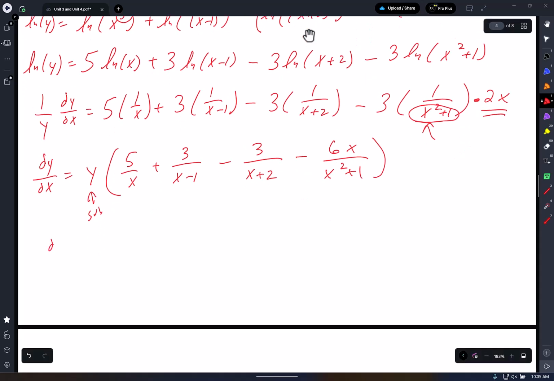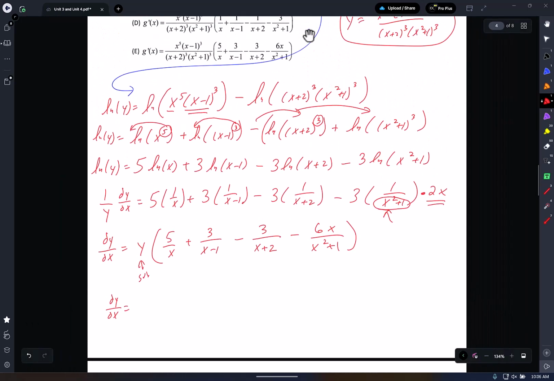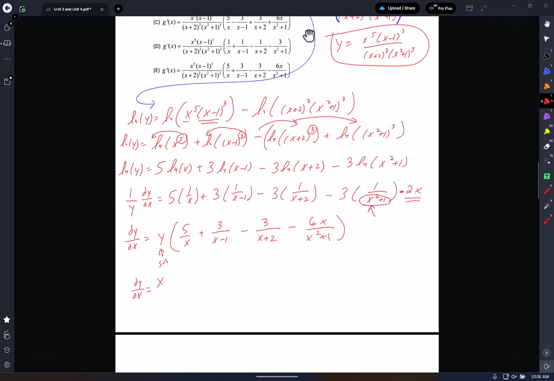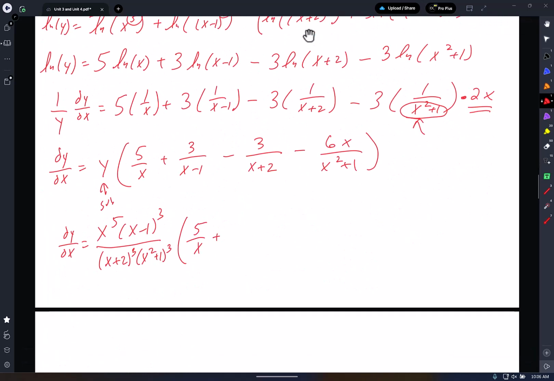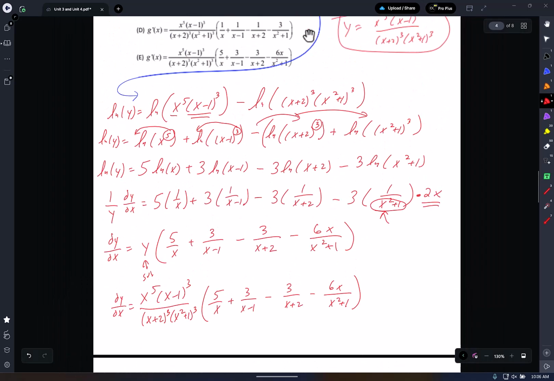So now finally I have dy/dx equals, and let me zoom out so I can catch that again, x to the fifth, (x minus 1) to the third over (x plus 2) cubed, (x squared plus 1) cubed, giant parenthesis. All right, so now 5 over x plus 3 over (x minus 1) minus 3 over (x plus 2) minus 6x over (x squared plus 1). And there it is. And I look for that.